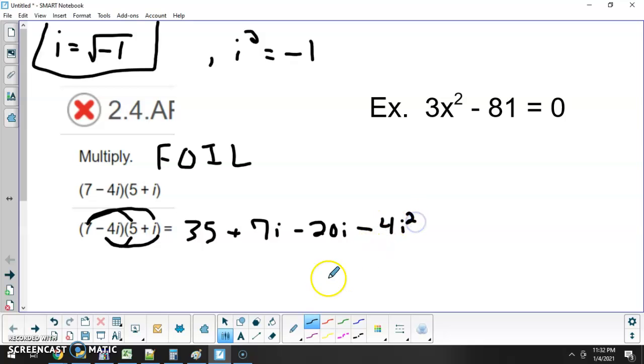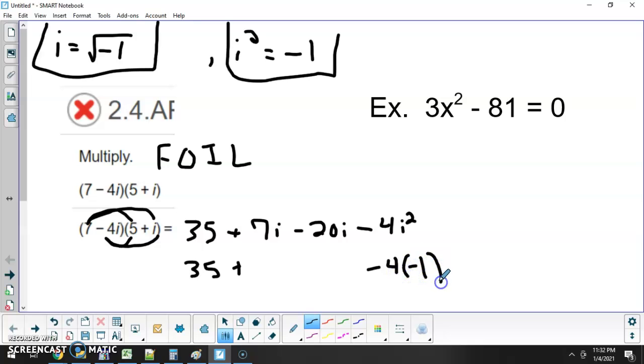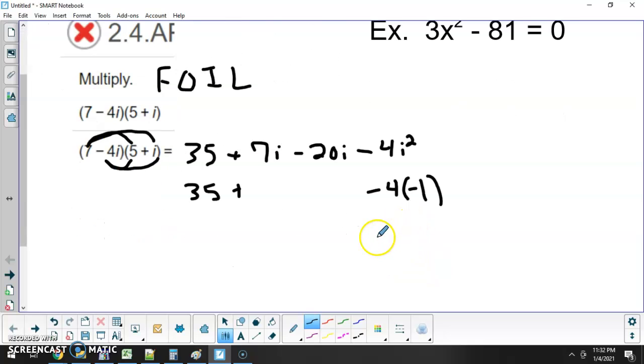And now remember, we're going to use the fact that i squared is equal to -1 to rewrite this i squared as -1. So it's going to be -4 times -1, because i squared is -1. So this really just becomes a +4 here.